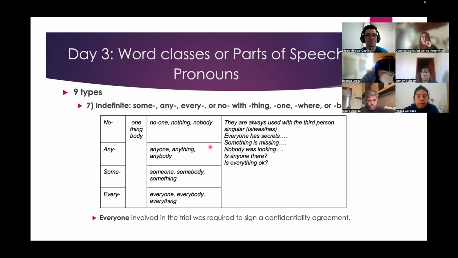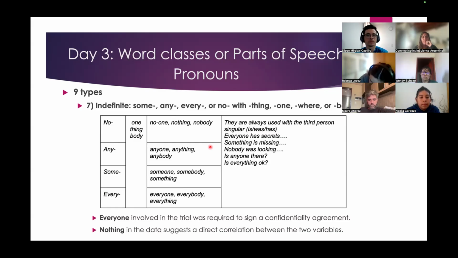So we have another example. Everyone involved in the trial was required to sign a confidentiality agreement. Well, nothing in the data suggests a direct correlation between the two variables. Nada. Here, notice that these are nouns.